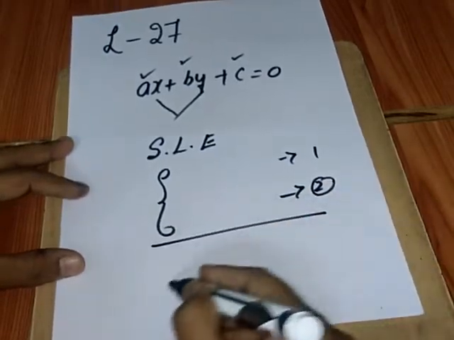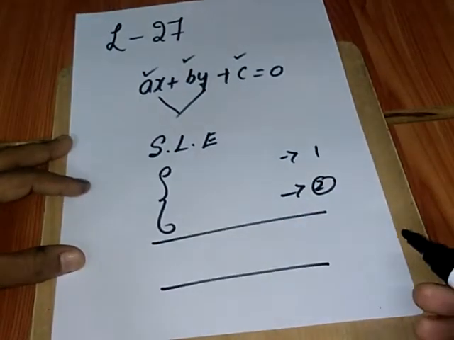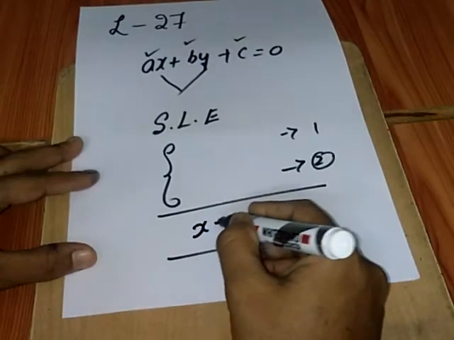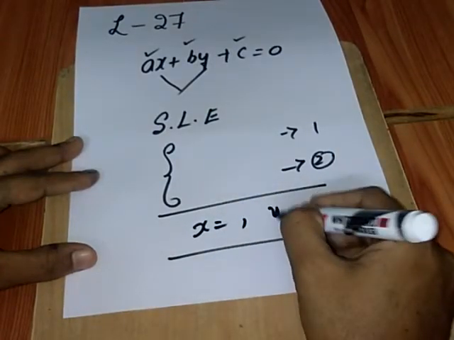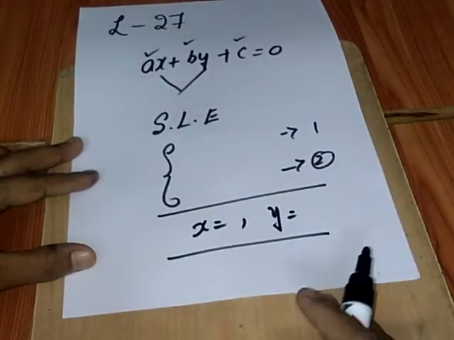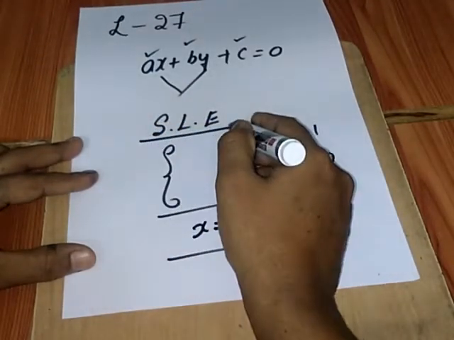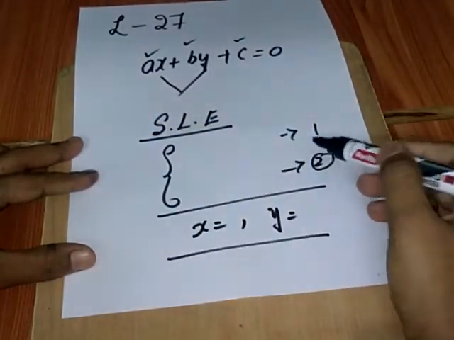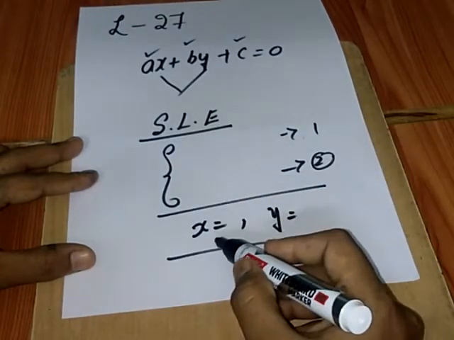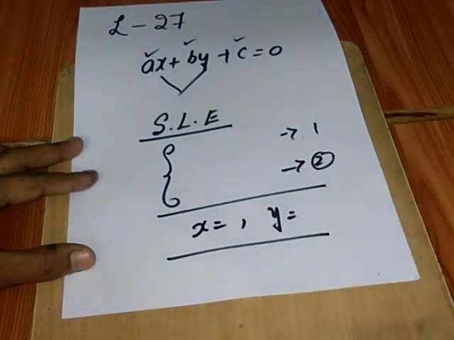We are going to solve these two linear equations. That means to say we will get the value of x and y. This is the normal process for solving the simultaneous linear equation, that is, solving the given two linear equations to get the value of x and y. Now in this chapter we are going to find a solution with the help of a graph.